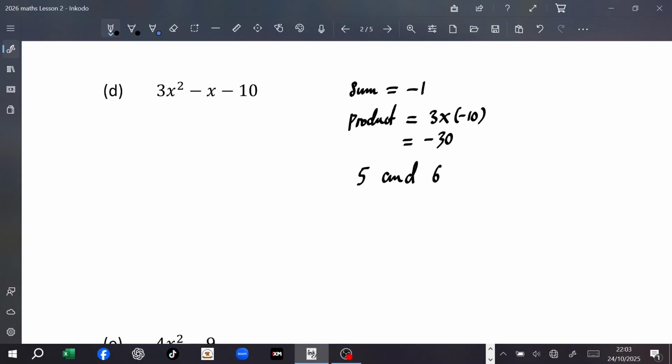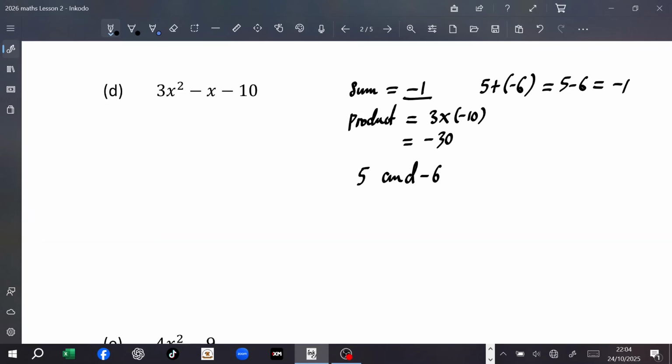So now, one of these numbers, because when you look at the sum is negative, meaning the bigger number is negative. So this is negative. So that if we say 5 plus 6, negative 6, it is going to give us 5 minus 6, which will give us negative 1.